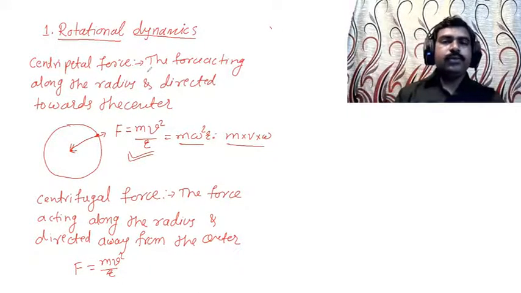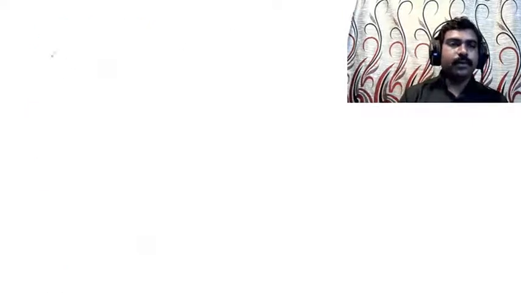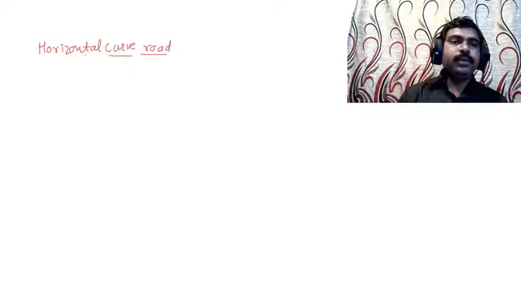So very first we will study the horizontal curved road. Which road? Horizontal curved road. So curve means there is a turning.